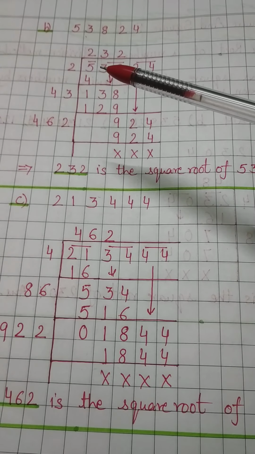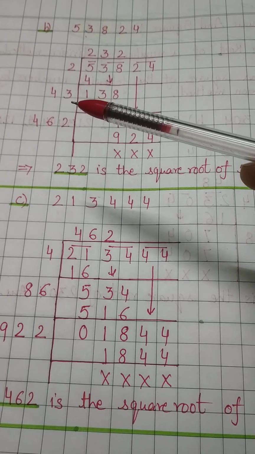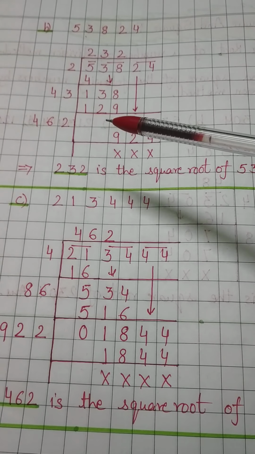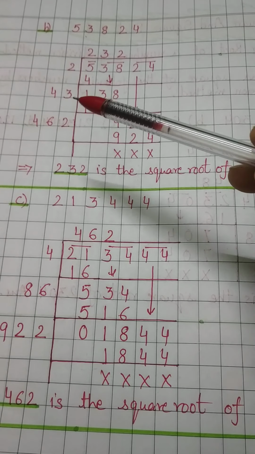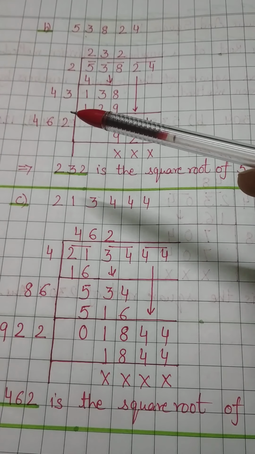Okay. Now after writing 4, we will think of a number which is nearest to it. So we will think 3, and 3 3s are 9 and 3 4s are 12, right? If we write 4, then 4 4s are 16, and 16 plus 1, 17, so 17 something will come, which is greater, so we will go for the lesser one.